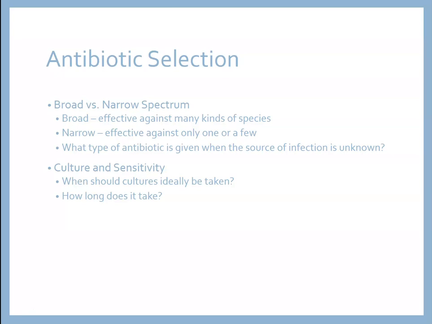So for the 3 to 5 days that we're going to wait for culture results, we are going to give this patient a broad spectrum antibiotic. We may even give them 2. But then when the culture and sensitivity comes back, then we'll be able to know which antibiotic they should be on, and they'll be changed over to that specific antibiotic.